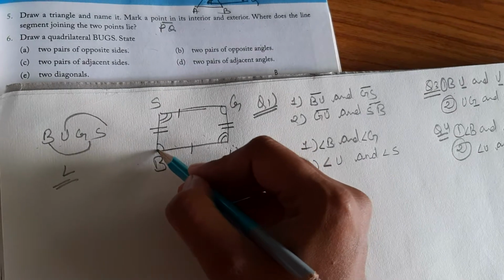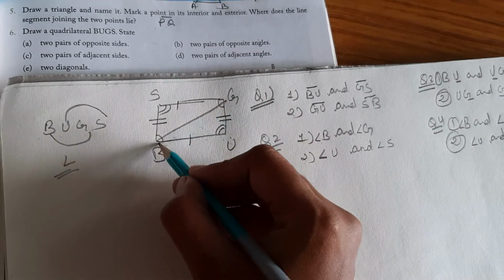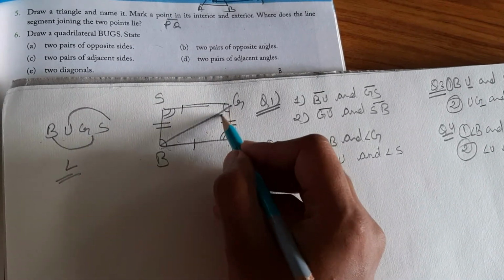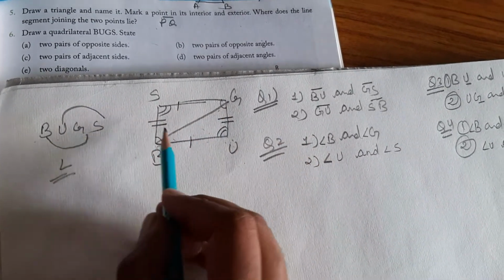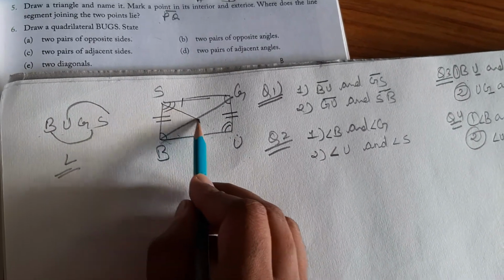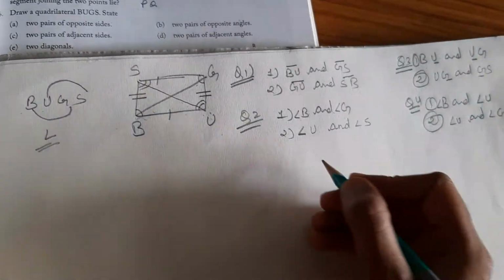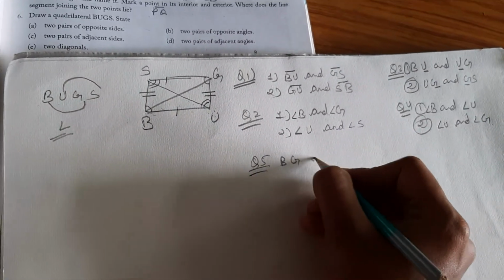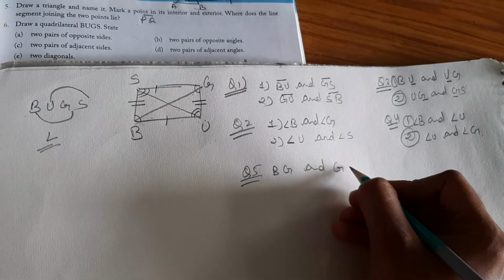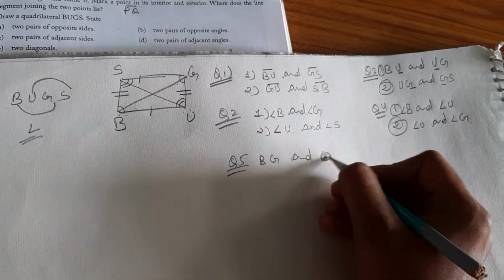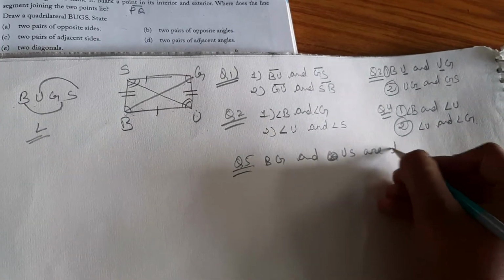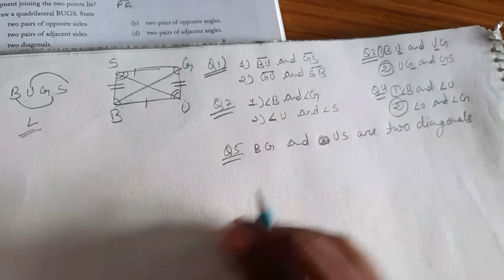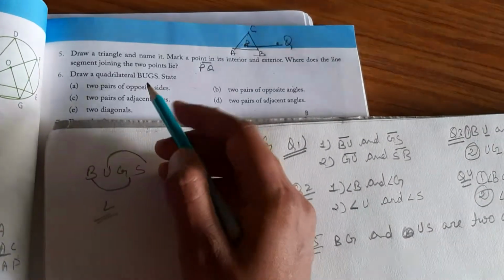So when we join a point to its opposite vertex, that makes a diagonal. What do they make? They make diagonals. If we join opposite vertices, diagonals are formed. So question number 5, that answer is BG and US, sorry, BG and US are the two diagonals. Okay, understood now? That is how you give the answer of question number 6.